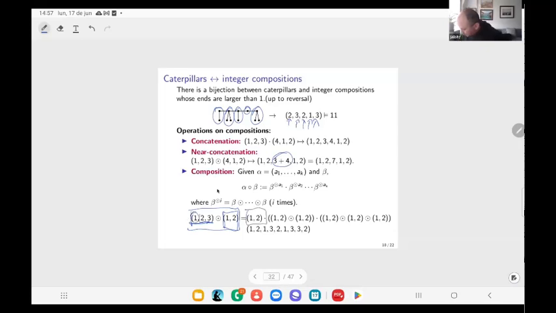This 2 means that I put 2 copies of 1, 2 joined by a near concatenation. And this 3 means that I put 3 copies of 1, 2 joined by near concatenation. Like this, I define this new operation that's called composition.